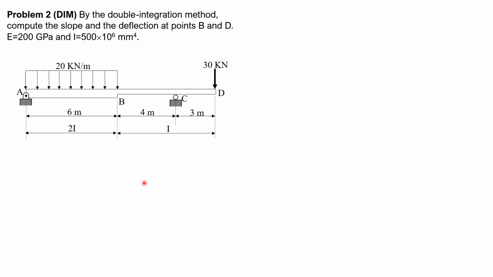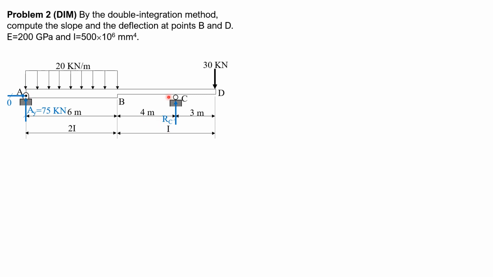So first, let's compute the reaction at A, vertical; horizontal is 0. Then let's just call this R sub C. So AY times 10 plus 30 times 3 minus 20 times 6 times 7 equals 0. You'll get AY equals 75 kilonewtons. Likewise, summation of moments about A equals 0.